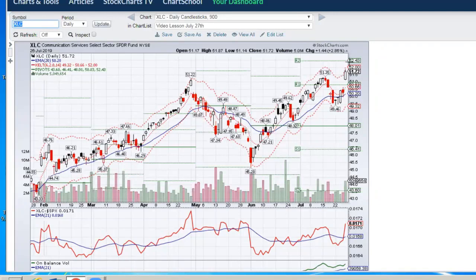And you can see that there's monthly pivot resistance now at 52.43.